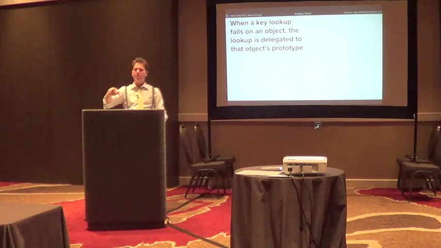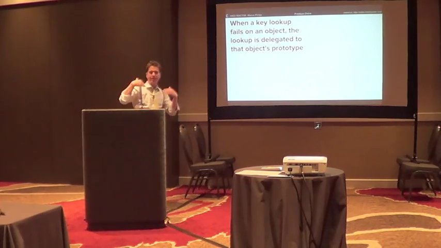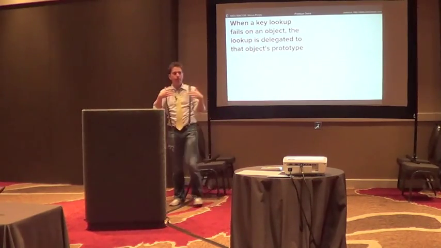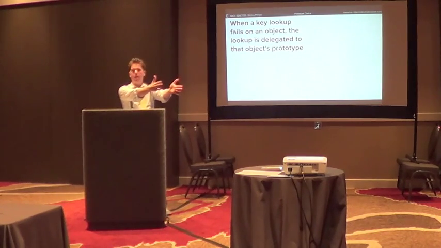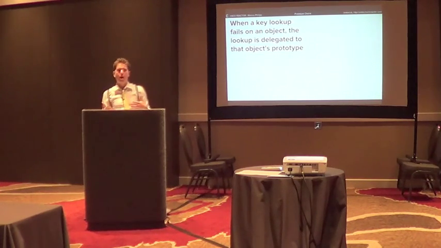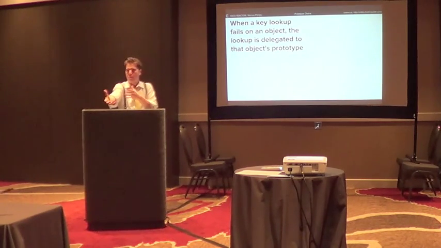A lot of people ask questions like, well, what happens if it's about questions that I do know the answer to. When a key lookup fails on an object, this relationship was not even engaged in the instance where I knew the answer. This is very much what it's like with an object and its properties. If an object has a property locally, and it can satisfy the answer, it does not consult with its prototype.